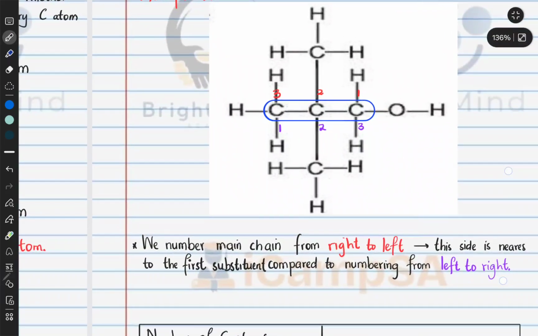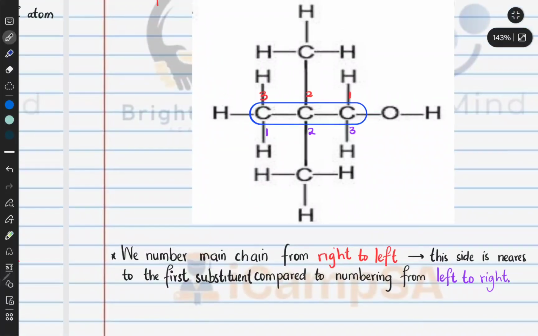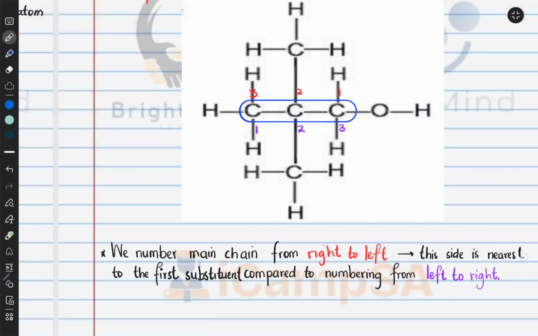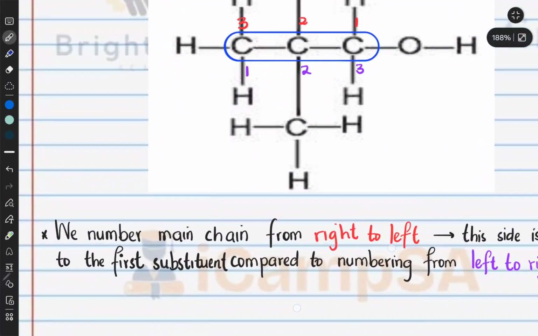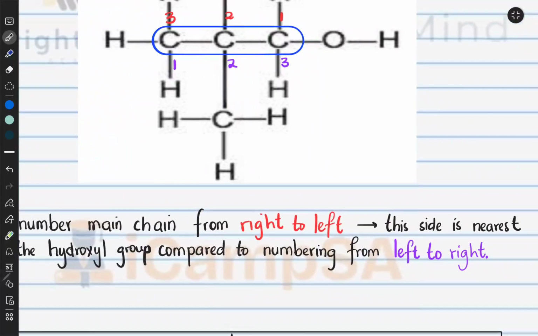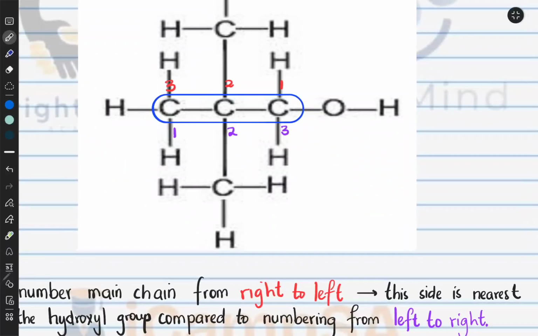All right, so we mentioned that we number the chain from right to left, as this is nearest to the hydroxyl group, compared to numbering from left to right.